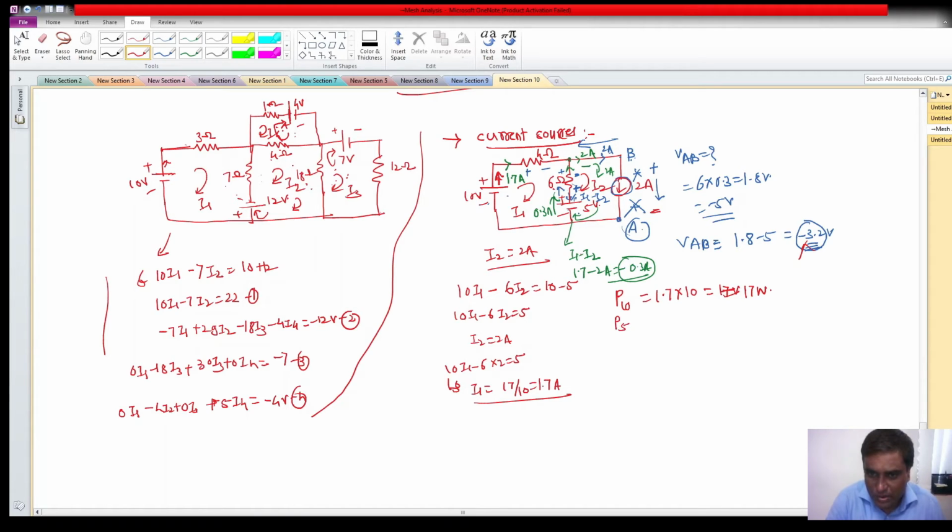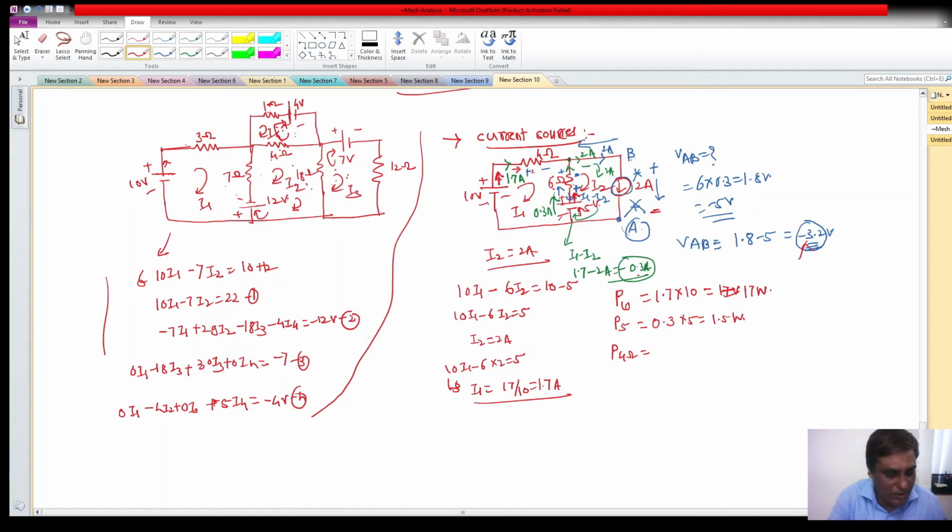You can see current coming from the positive terminal, as the value we got is minus 3, so we have assumed the direction like this. Coming out from positive, so it will deliver the power. So how much is it? It will be 0.3 ampere and 5, so it is 1.5 watt. Okay. Then this is over for the 4 ohm, which will absorb the power, because current enters at the positive terminal.